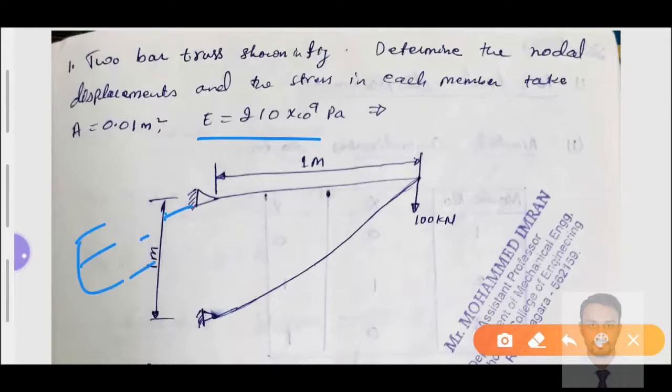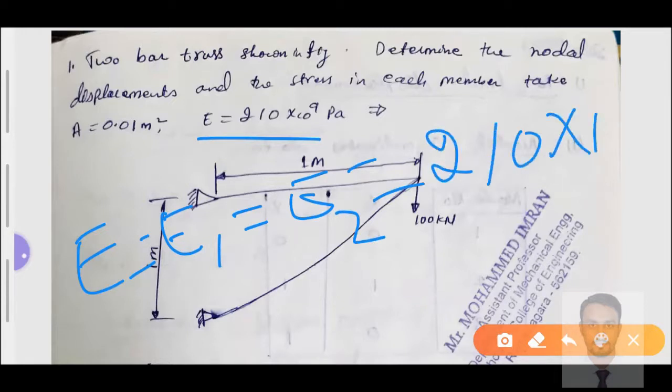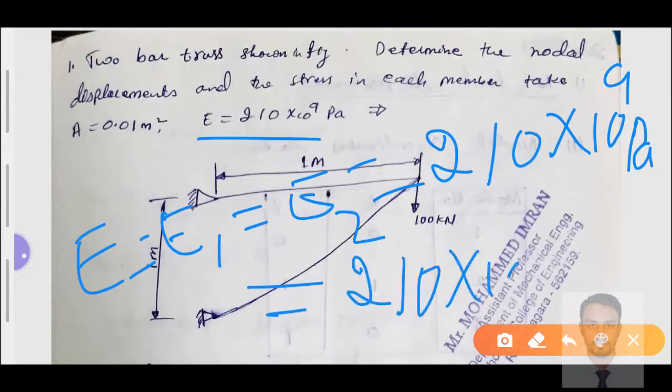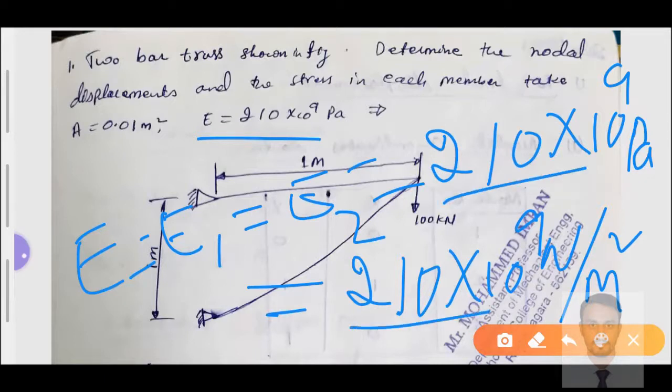E is equal to E1 is equal to E2 is equal to 210 into 10 to the power of 9 pascals. That is equal to 210 into 10 to the power of 9 Newton per meter square. 1 Pascal is equal to 1 Newton per meter square.